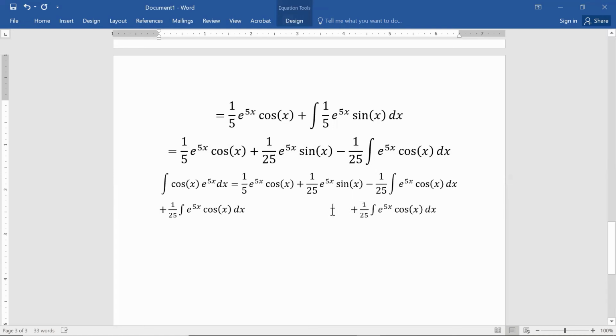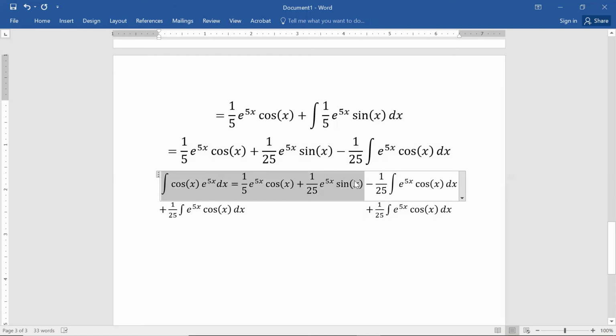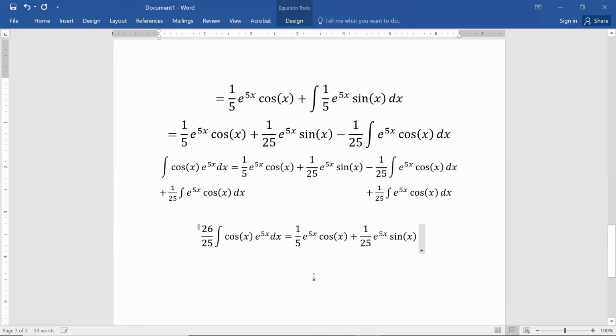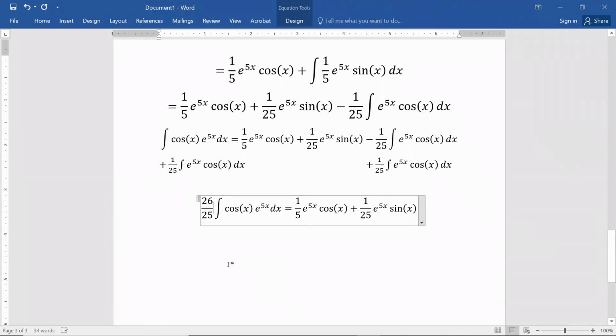So I'd add 1/25 times the integration to the left-hand side, and then I would add 1/25 times the integration to the right-hand side. That'll cancel out the integration on the right-hand side. And on the left-hand side, be careful when you add: this is 1 plus 1/25. 1 plus 1/25 becomes 26 over 25 when I add that together.